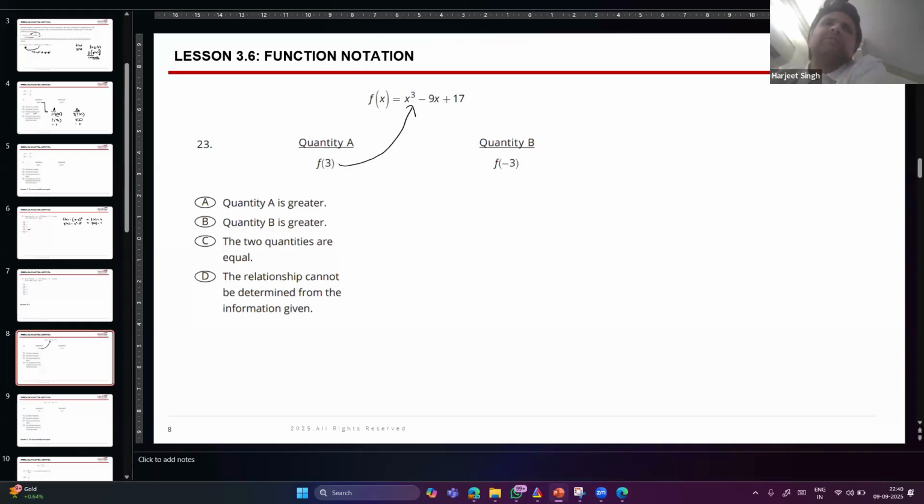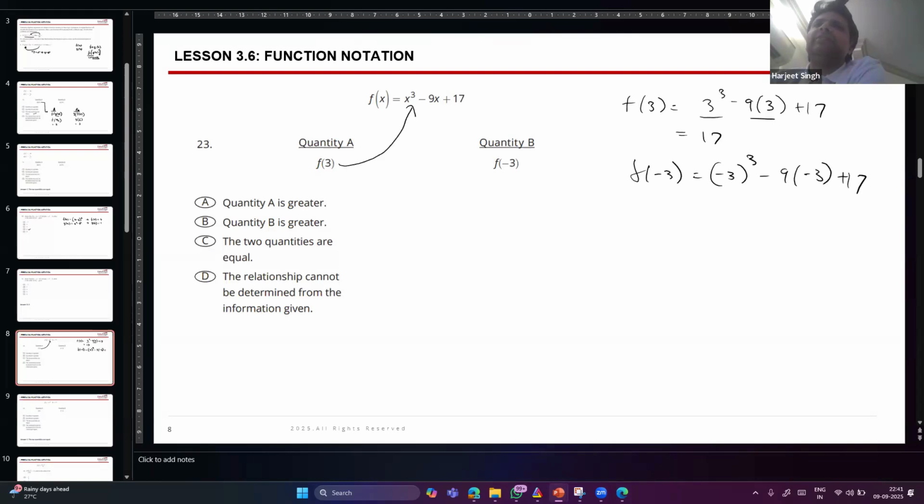So one way is to just substitute, right? So f of 3 is what? 3 cubed minus 9 into 3 plus 17. Can I say this cancels out? And you're left with 17. And f of minus 3 is what? Minus 3 cubed minus 9 into minus 3 plus 17. Again, these two cancel out.